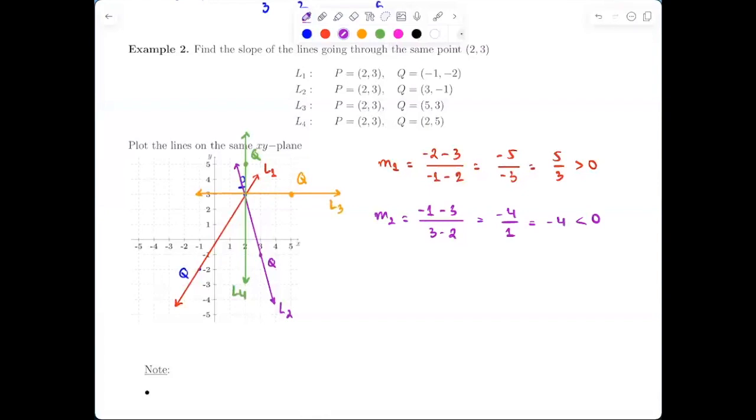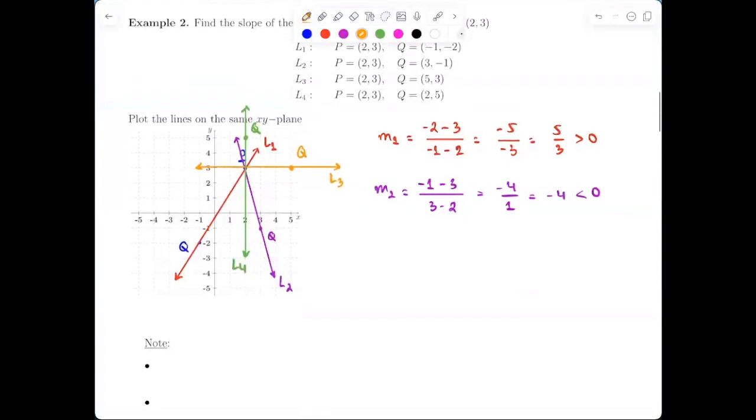The third line is in orange. So you do M3 equal to (3 minus 3) over (5 minus 2). That gives you 0 over 3, which is 0. And the fourth line is the vertical line.